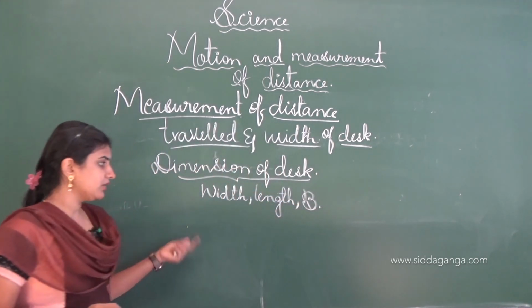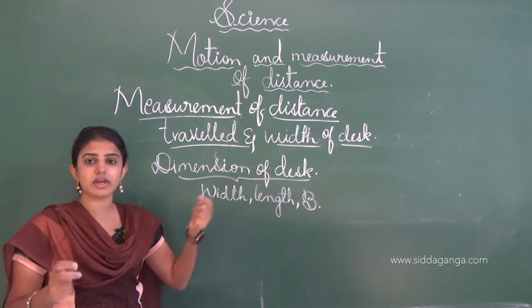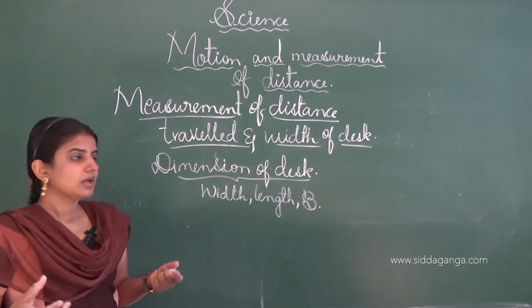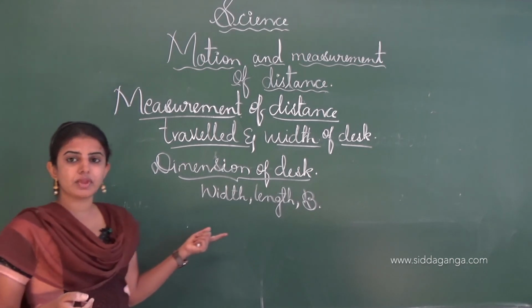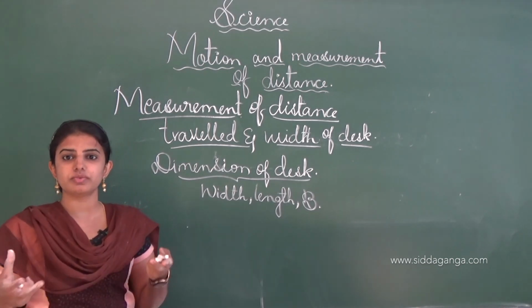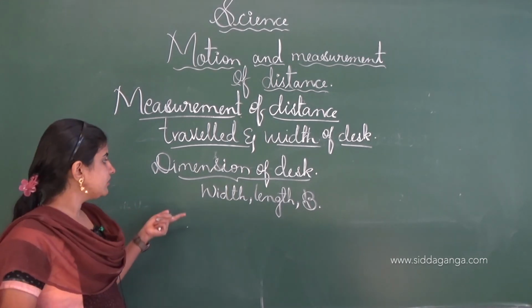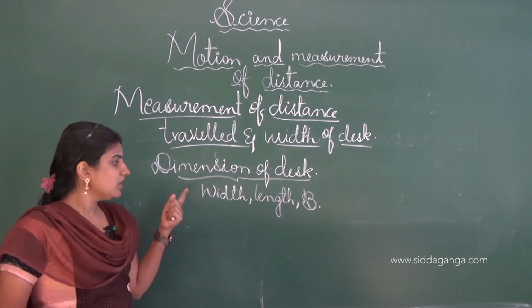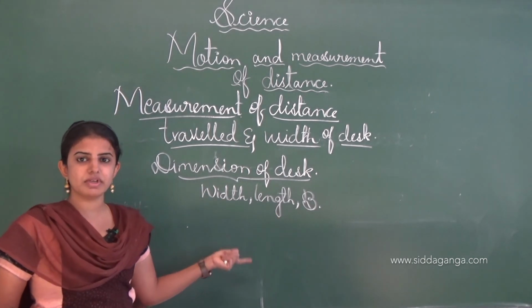By measuring the width, length and breadth of the desk, we can easily measure it. And thereby for measuring the desk of a classroom, see, in the classroom there are various types of desks, and we have to measure the dimension of the desk. We have to measure the width, length as well as the breadth.